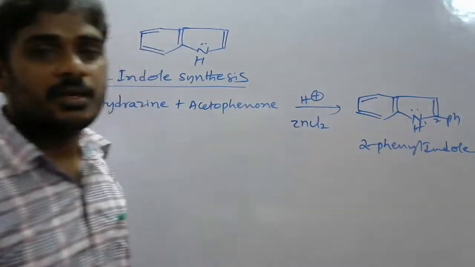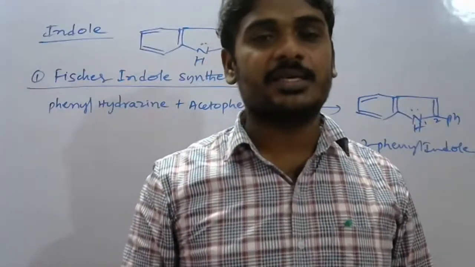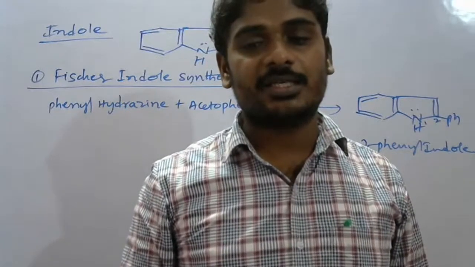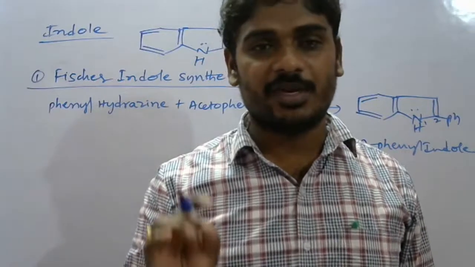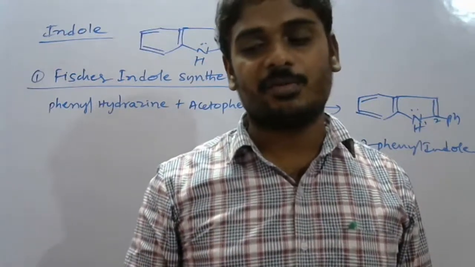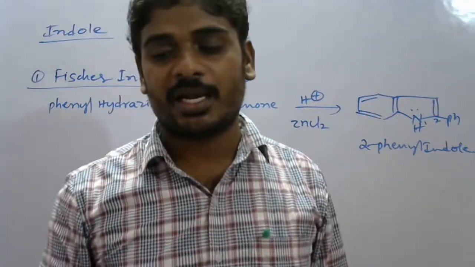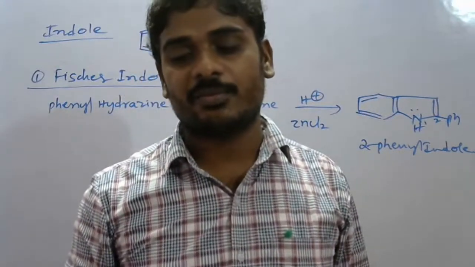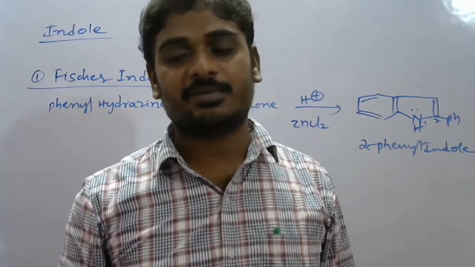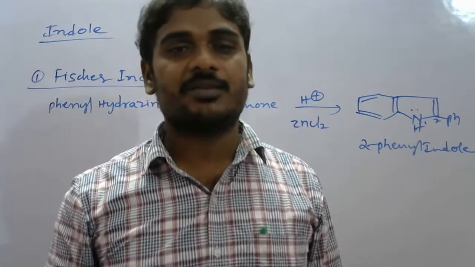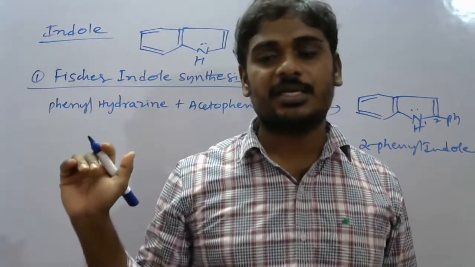See now this reaction. In the acidic medium, condensation takes place, then formation of the phenylhydrazone of acetophenone. Once the phenylhydrazone of acetophenone forms, it reacts further with the acidic medium. Cyclization takes place, then aromatization, and then formation of the resulting product.